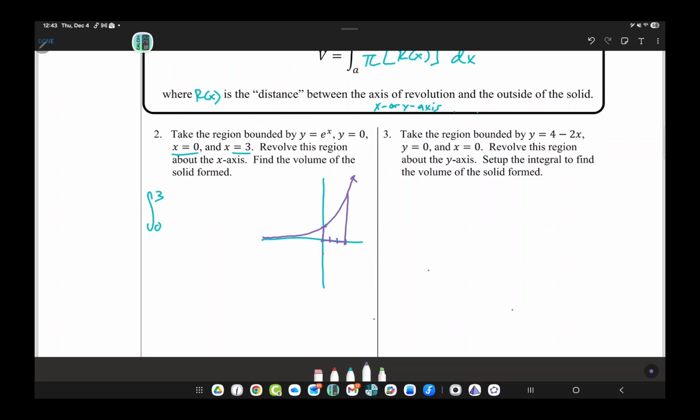We are also going to have a rotation, not a great little rotation, but hey, it's there. So that's what we're going to rotate around. My function is e to the x, so that is pi e to the x squared dx.